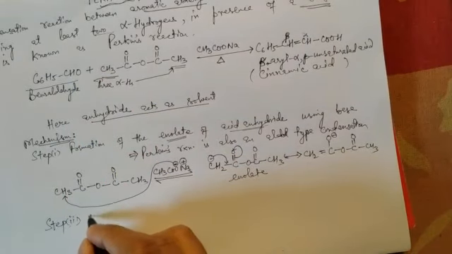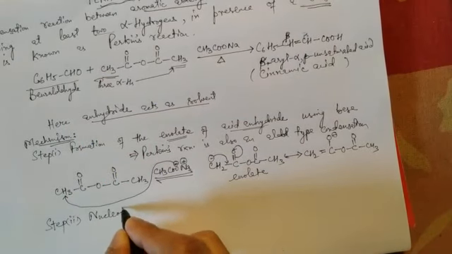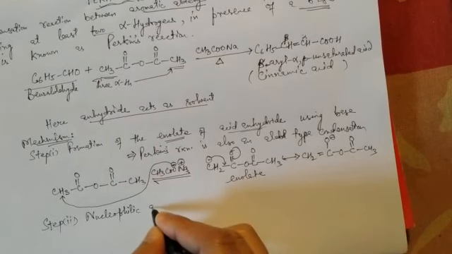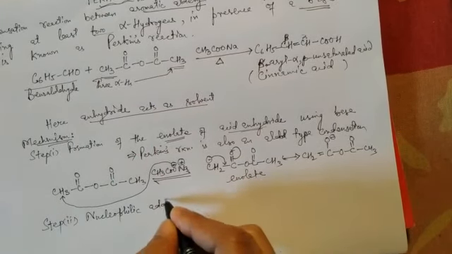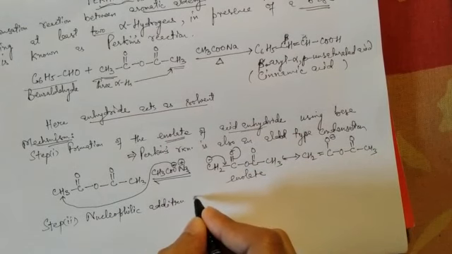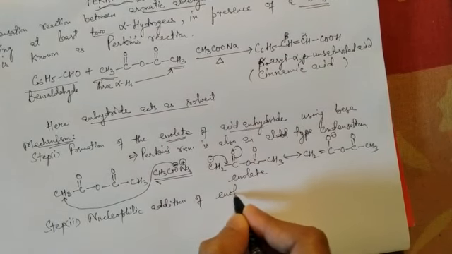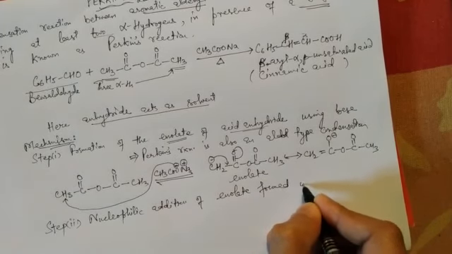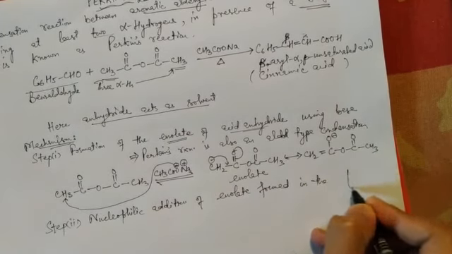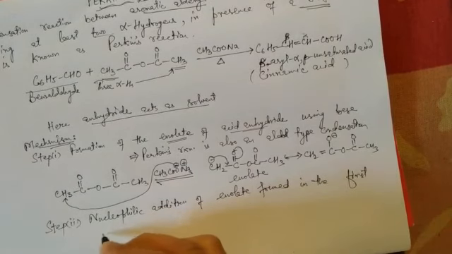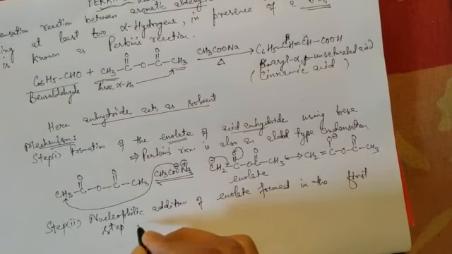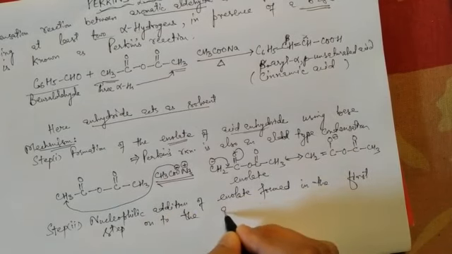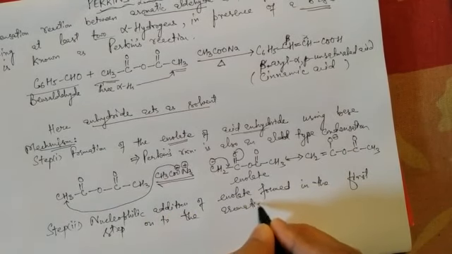So nucleophilic attack or addition is our second step: nucleophilic addition of enolate formed in the first step onto the aromatic aldehyde.